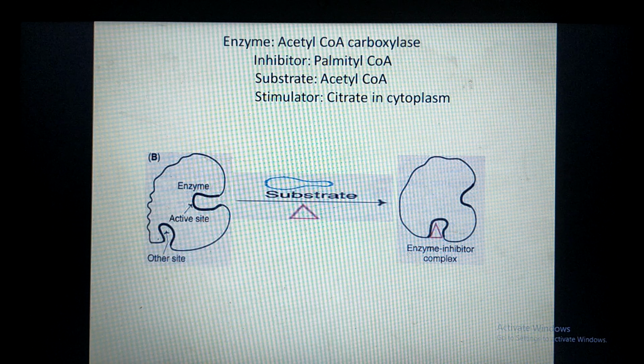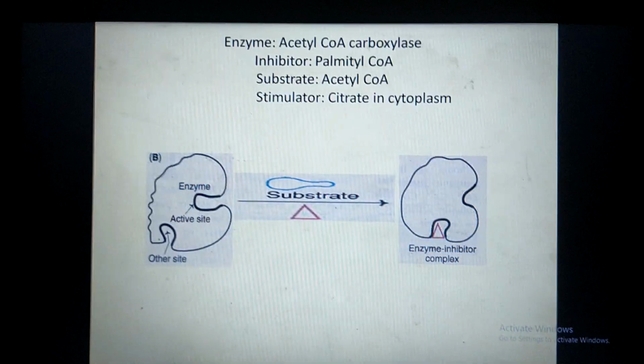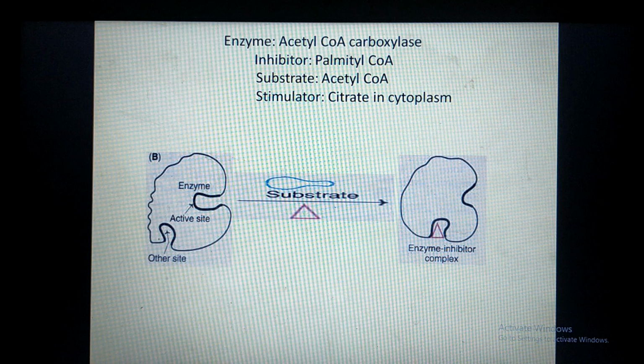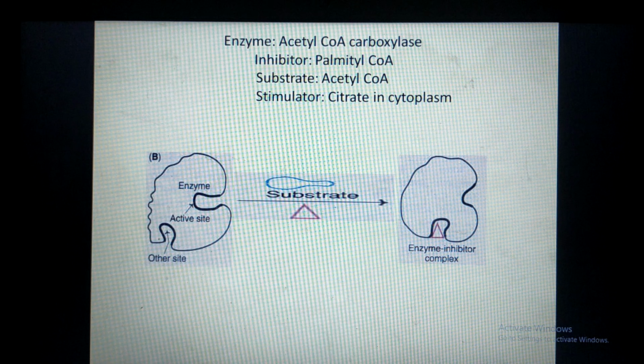But if the stimulator citric acid is present, this citric acid also binds at the other site or allosteric site, but it does not bring the conformational change in the active site. Instead of that, it increases the affinity between the active site and substrate acetyl CoA, so that the pathway gets stimulated. So in this way the pathway is regulated.